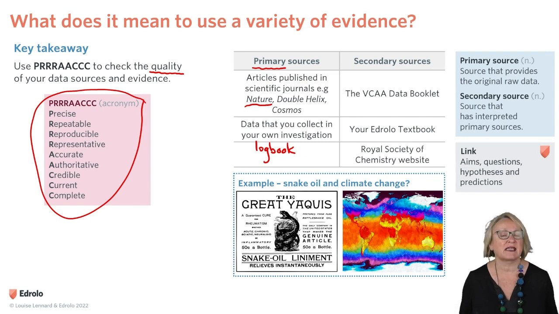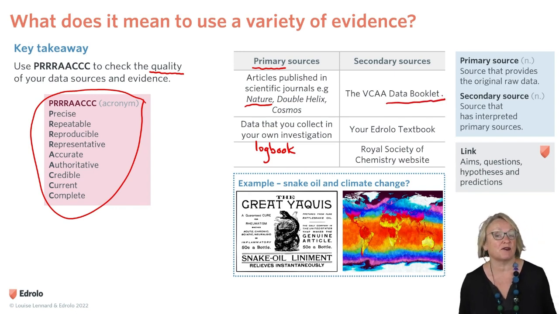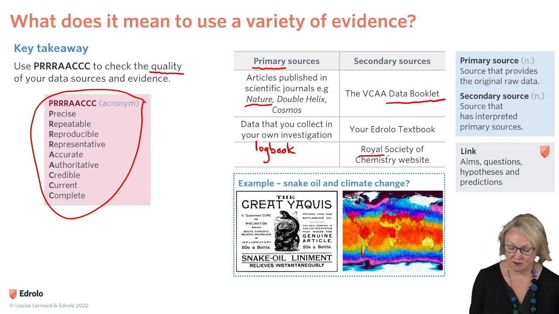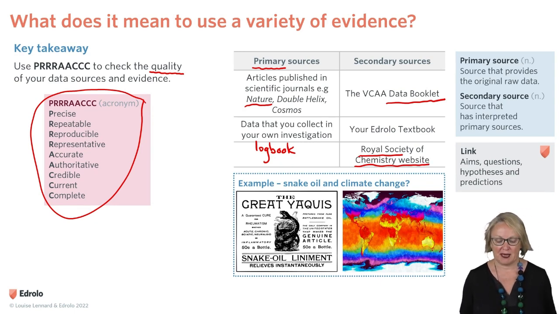Secondary sources contain published data. That could be the VCE data booklet, which is a very useful tool to use. It can be your Ed Rollo textbook, or it could be something like the Royal Society of Chemistry website, which is a very reliable source of information.